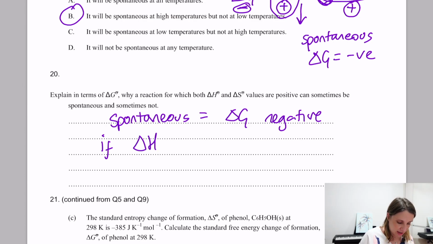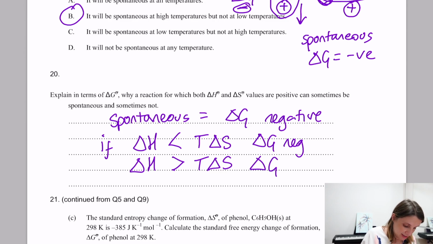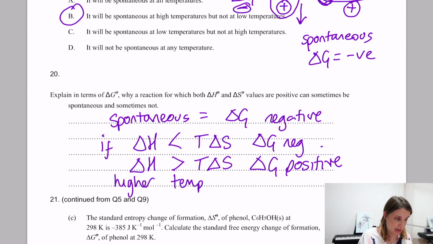Then we're really talking about the relationship, and the way you should write about this is: if delta H is less than T delta S, then delta G will be negative, and therefore it will be spontaneous. But if delta H is greater than T delta S, then delta G will be positive, and therefore not spontaneous.